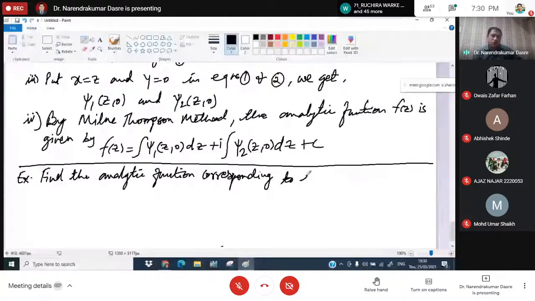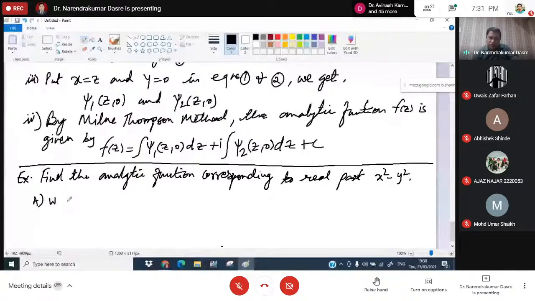Okay, so option A is w is equal to z plus c. Here w is going to be the function. Option B is w is equal to z square plus c.